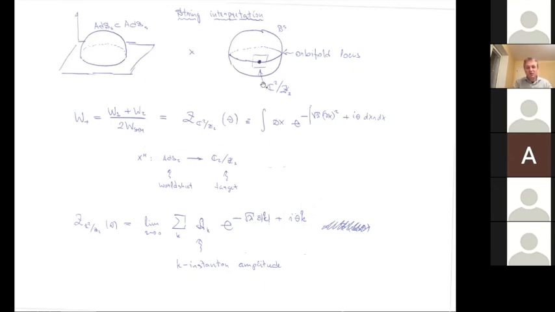So if one wants to compute this function on the string theory side, what it boils down to is the partition function of the C2 over Z2 orbifold, where the worldsheet is AdS2, which is just the classical solution for the circle Wilson loop.